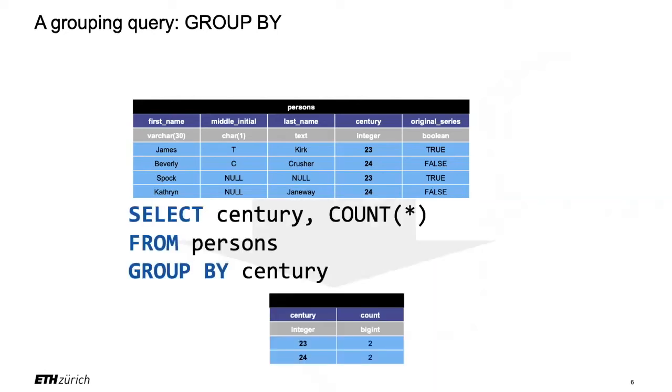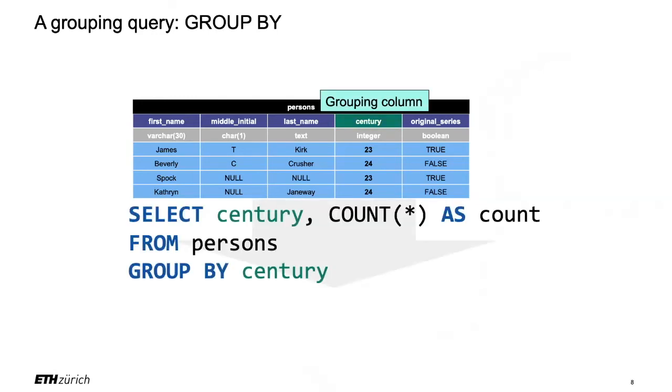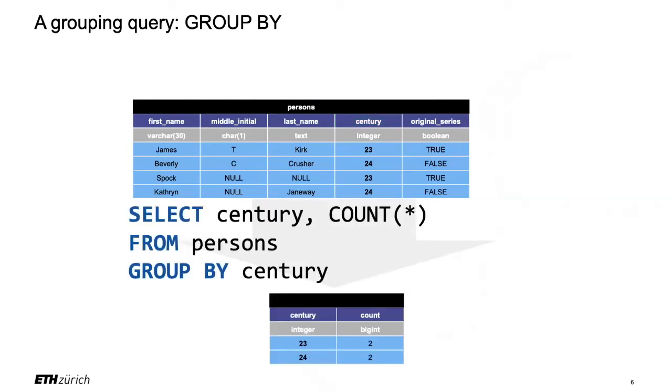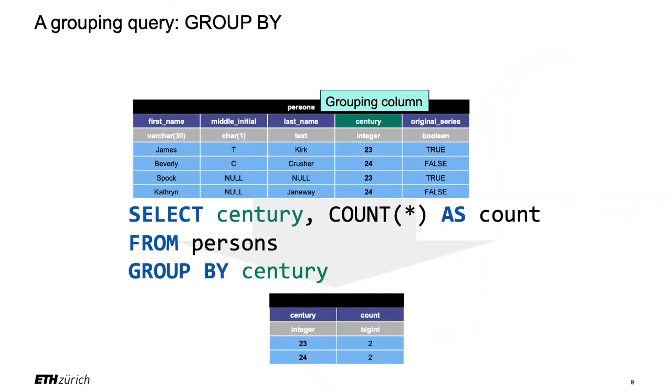Okay. All right. Now you can also rename. So here I didn't rename anything, so it just called it count, right? But I can give it a name explicitly and call it count, right? In that case, that would be the right side of my arrow in the gamma notation, right? Okay. I put in green here century because that's a special column. It's a grouping column.